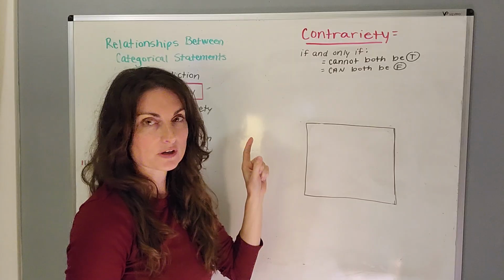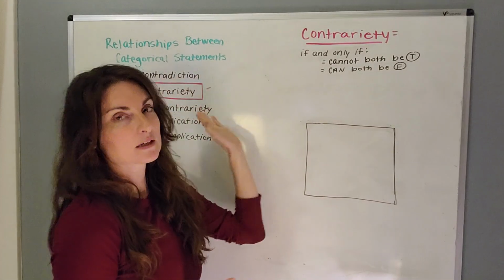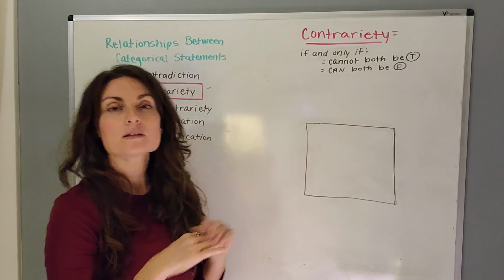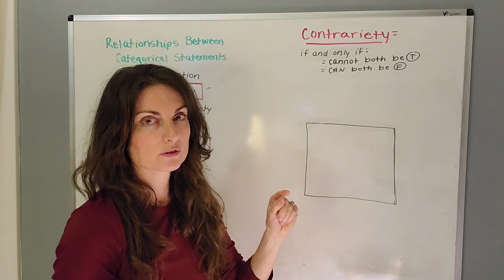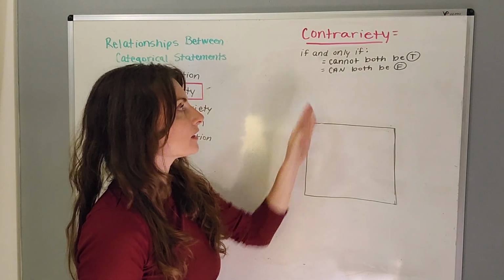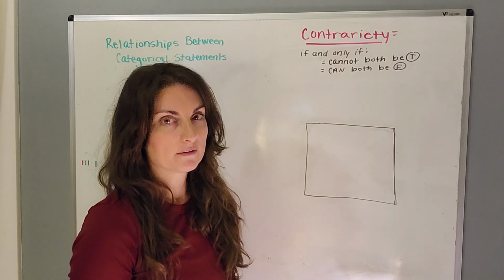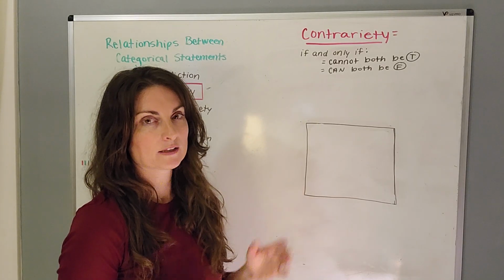This is different than contradiction, and sometimes it's easy to get these confused, but with contradiction, they cannot both be true and they cannot both be false. One is true, one is false. With contrariety, they cannot both be true. However, they can both be false.